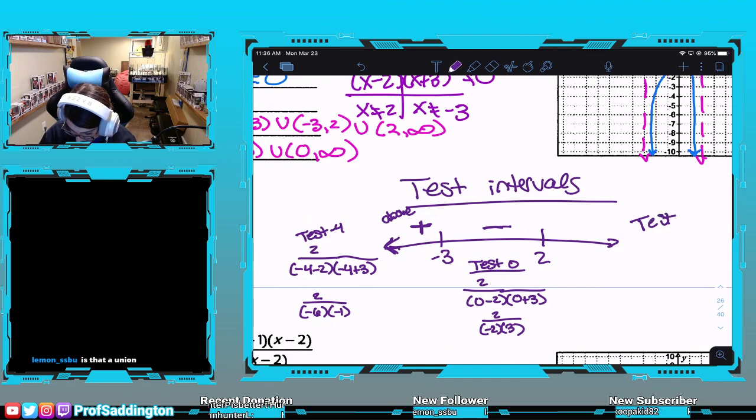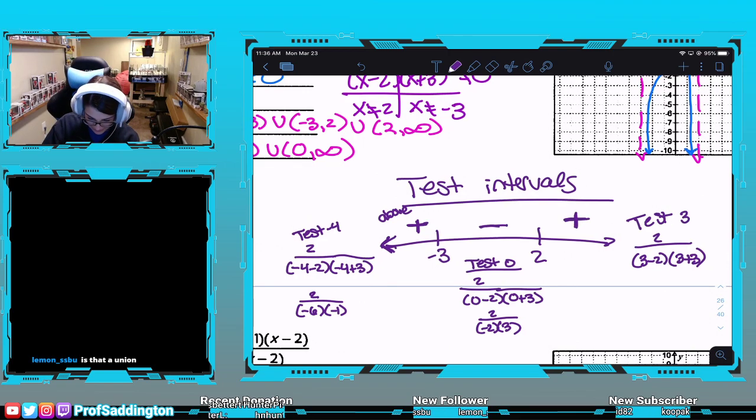So let's just test like 3. Doesn't really matter. You could pick a million if you really wanted to, but I'm just picking easy numbers. So we have 3 minus 2, 3 plus 3. I can already see that's going to give me a positive. So again, with the testing intervals, positive is going to be above. Negative is going to be below.